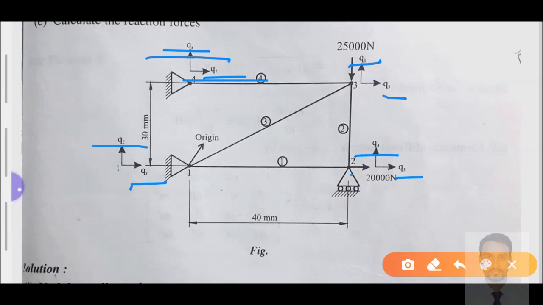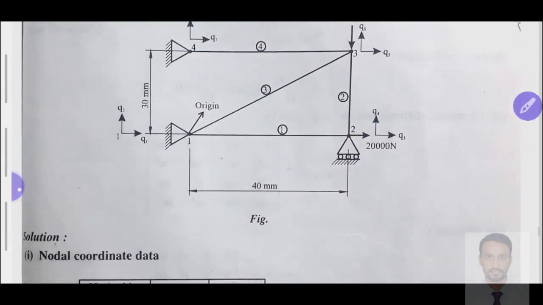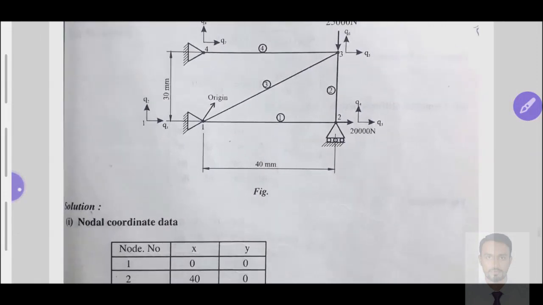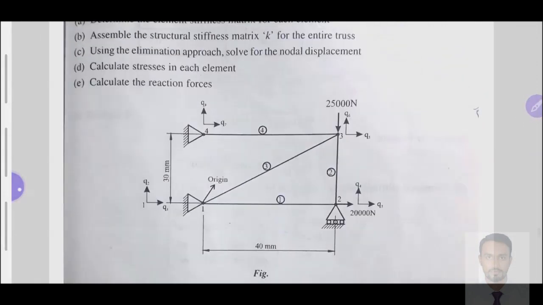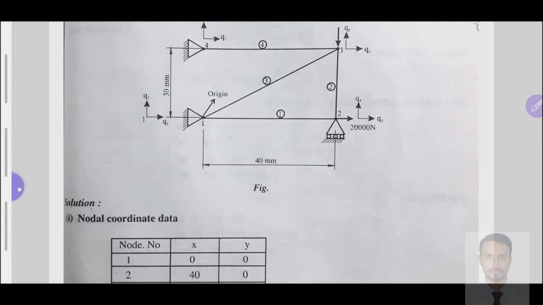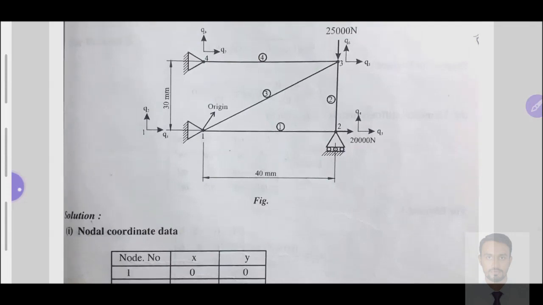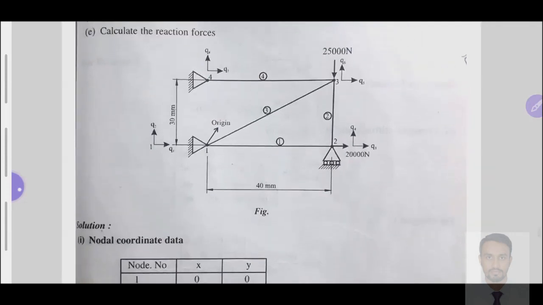First we give the displacement along the x-axis, then for the y-axis. Then we compare all the data and find how to represent the FE model. This is the FE model of the given problem.